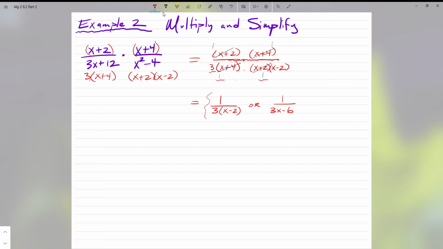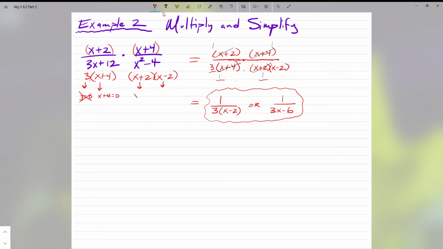Now, again, you're not being asked about which values couldn't be used, so domain restrictions. But if you were, you would go to the original problem and you would take each factor and set it equal to 0. But when you set 3 equal to 0, that doesn't give you any answers.